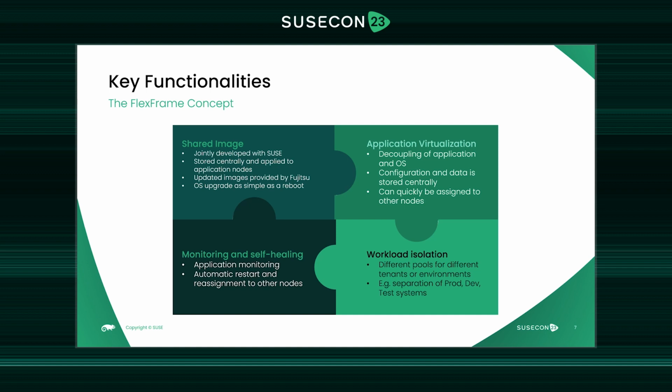But there may also be regulatory requirements that would require you to separate one part of the organization from the other. So this can be done with FlexFrame, and these are the most important concepts in FlexFrame at a glance, in a very, very brief overview.